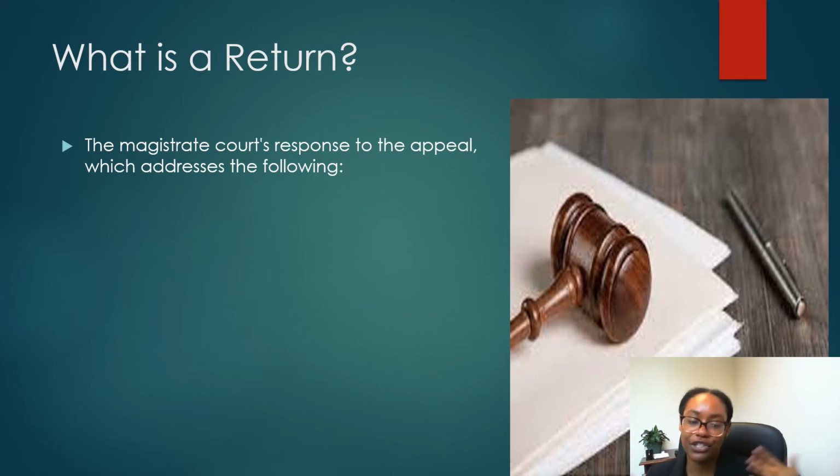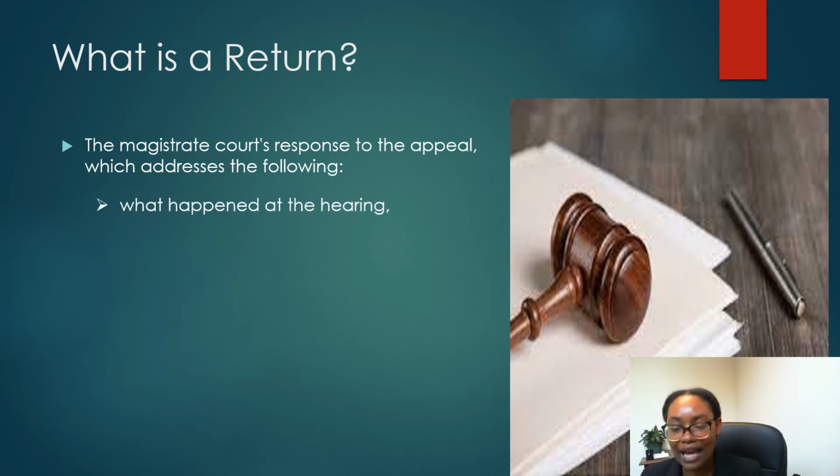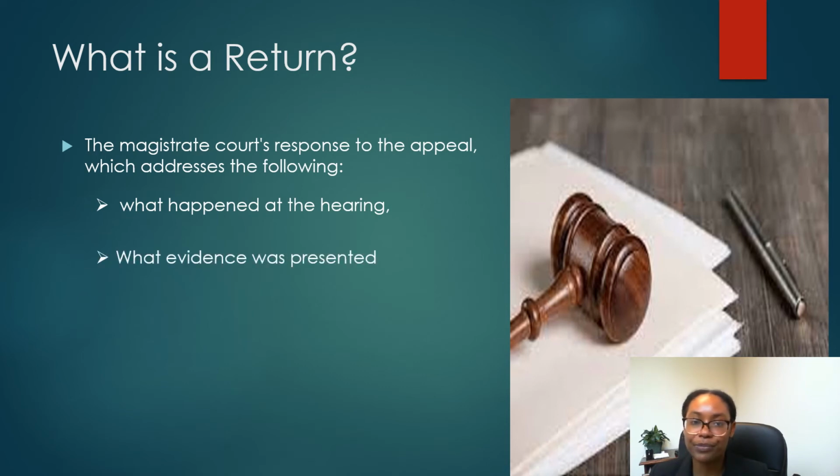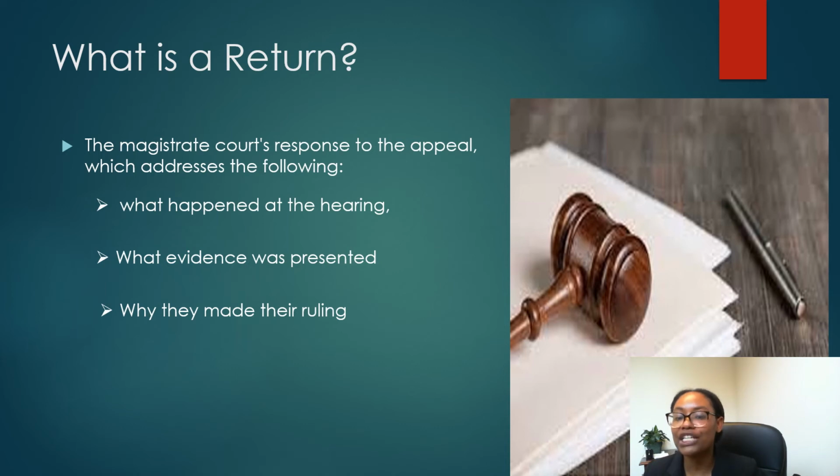And it addresses what happened at the hearing, what evidence was presented, and I mean what testimony, your testimony as the tenant and the landlord's testimony at the eviction hearing, and then also what evidence was presented, what issues were raised, and then why, after all of that, based on the testimony and the evidence, the magistrate court made the ruling that it did.